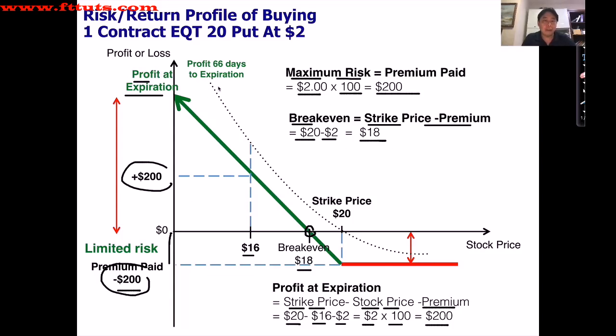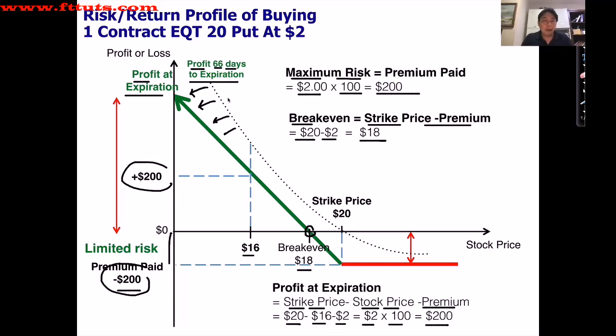So again, notice that this thick line you see is the profit at expiration. But this dotted line that you see is the profit now, today, which is 66 days to expiration. Remember, I am buying the February expiry. So from December to February, I've got 66 days left. And notice that as the option moves to expiration, the line would slowly move to the left till it reaches the thick line, which is the expiration line.